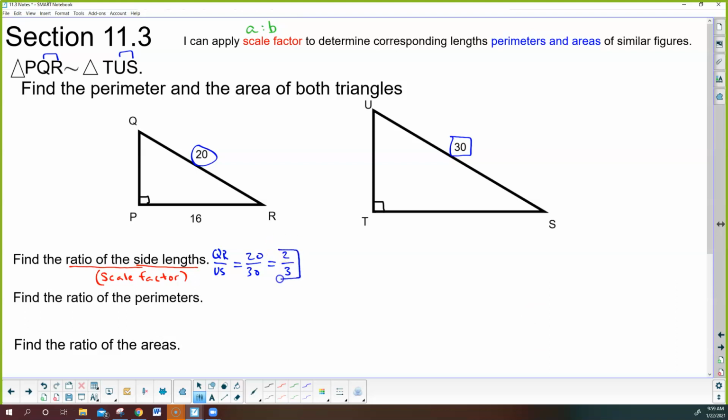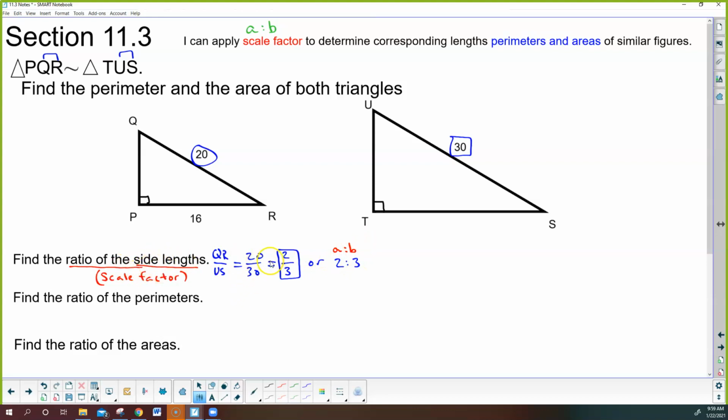So when I reduce that, my scale factor is 2/3, or remember, we can write it as 2 to 3 as a ratio. Well, that 2 to 3 is the AB, and we're going to talk about that later on. So it's just important for us to know when we say AB, we're talking about the scale factor.